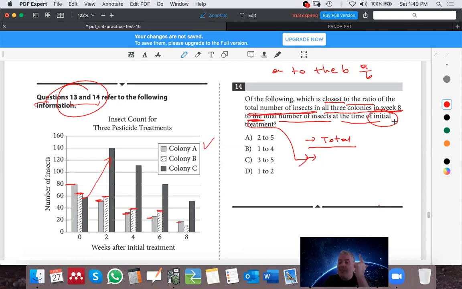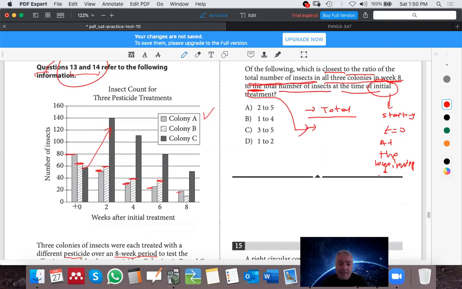First, what does initial mean? Initial means starting. Starting means when the time is 0. That means at the beginning. When I look at the question, initial means starting, which is t is 0 here. So total initial. Let's do it then. In week number 8, what is the total? Let's have a look.